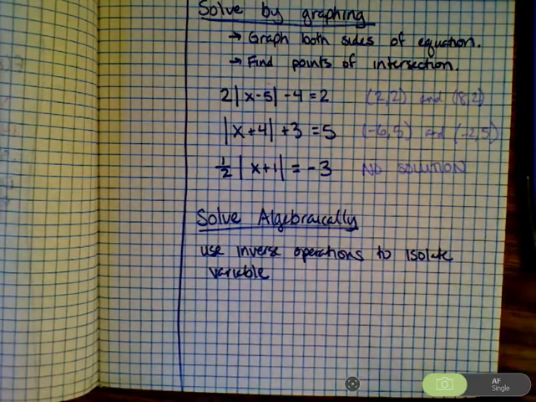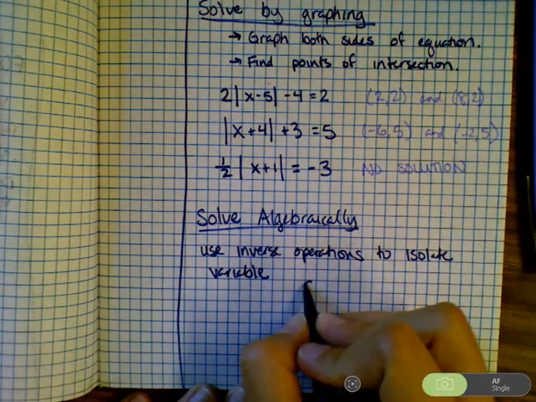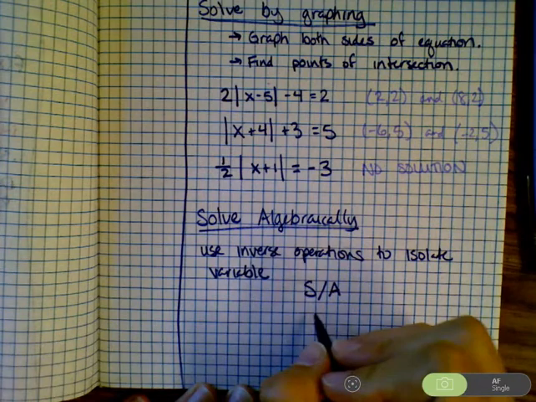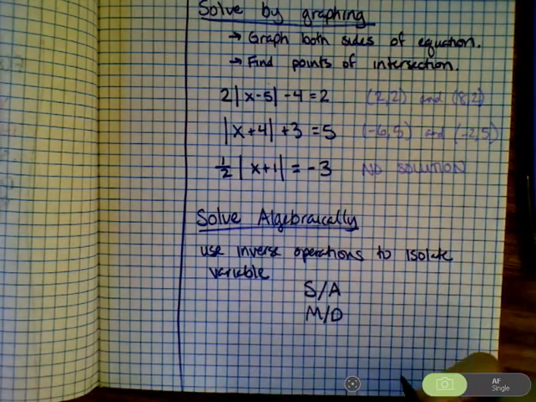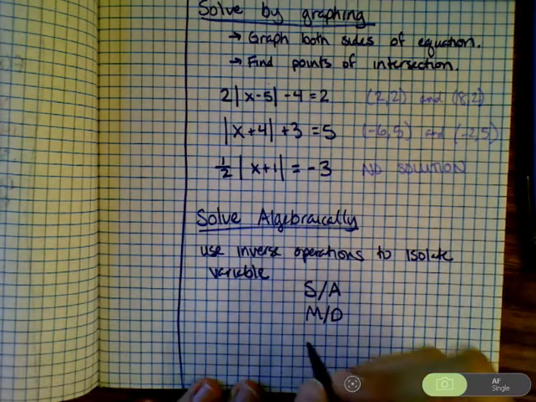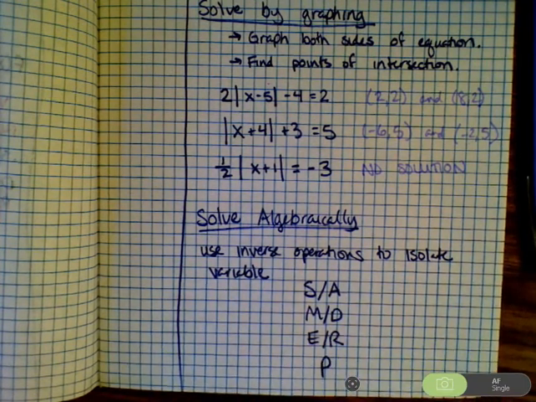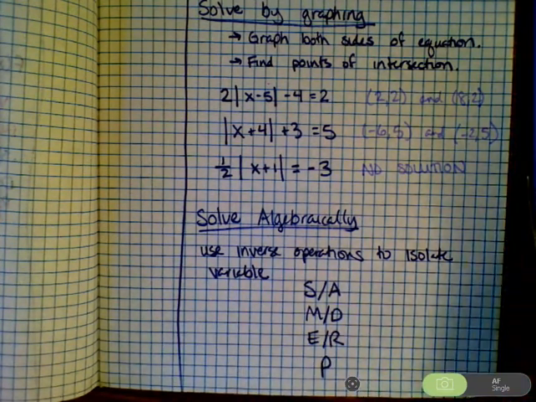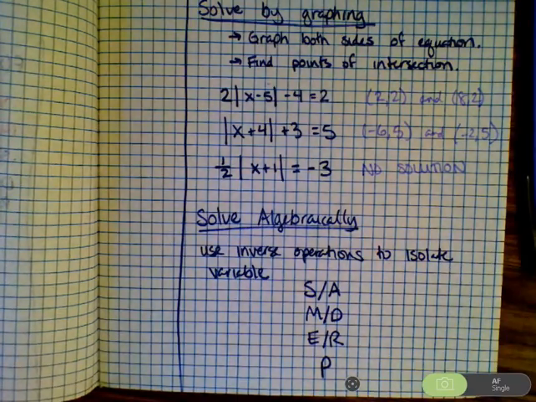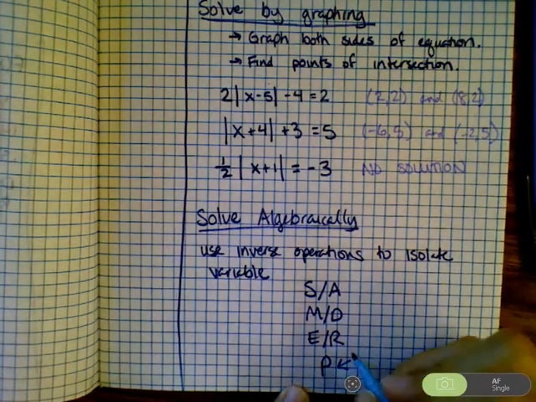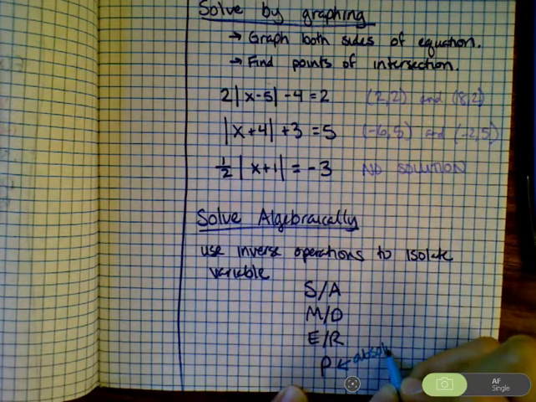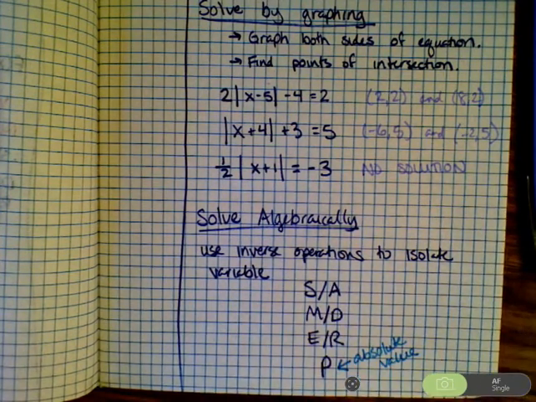So when we're solving, we start with subtraction or addition, then we undo any multiplication or division, then we undo any exponents or roots, and finally we undo parentheses. And when you're working with absolute value functions, the absolute value function fits in here with parentheses. And I'll show you that in a couple of different examples.